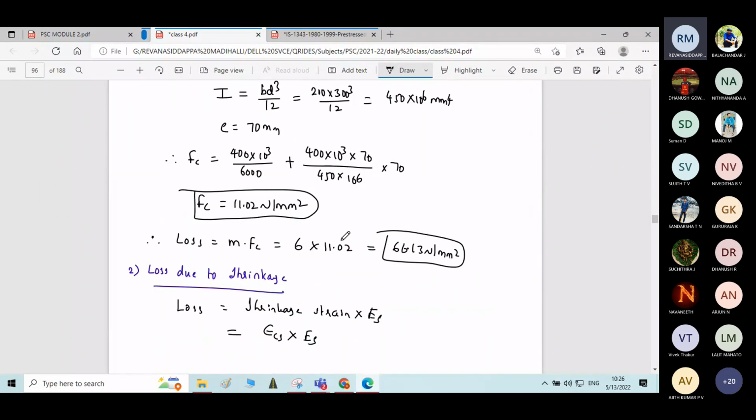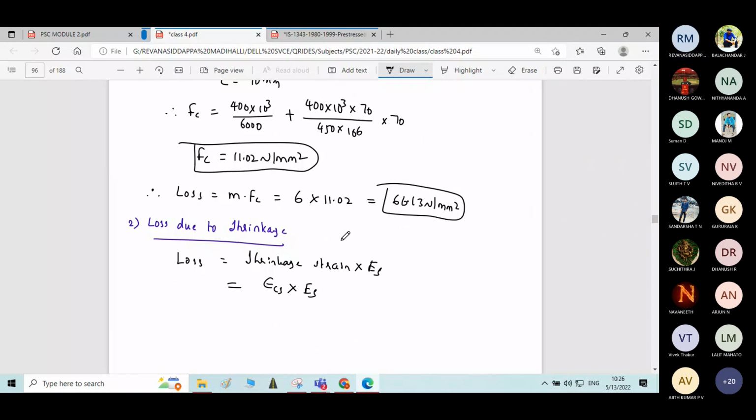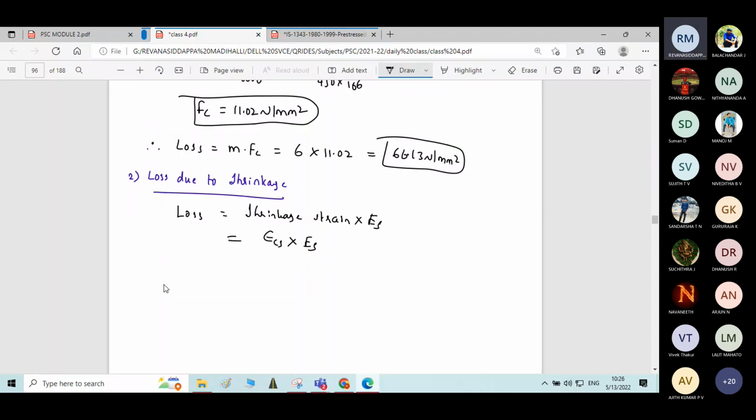Whatever is given, you take it. Epsilon CS is nothing but shrinkage strain in concrete. It is given as 0.0002.